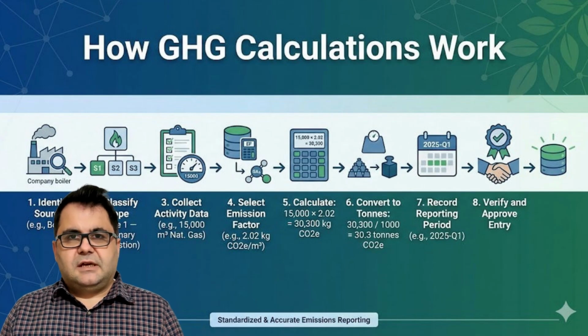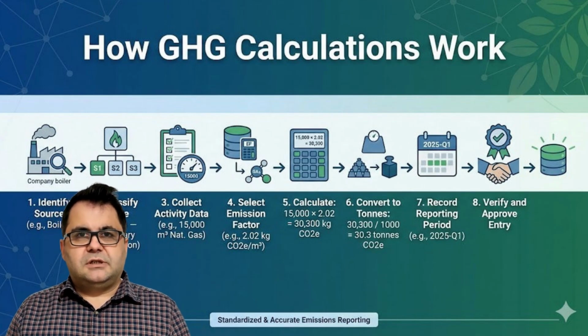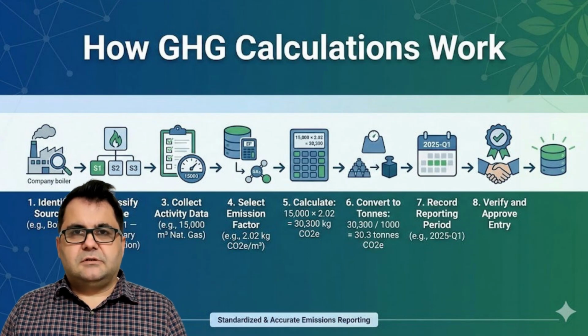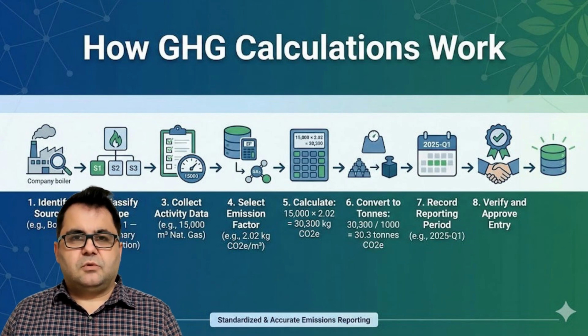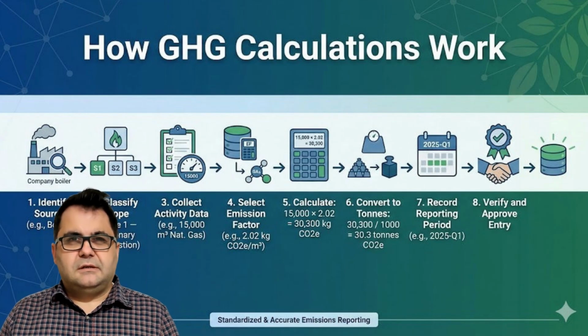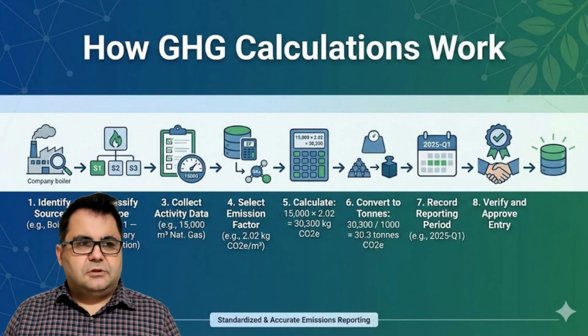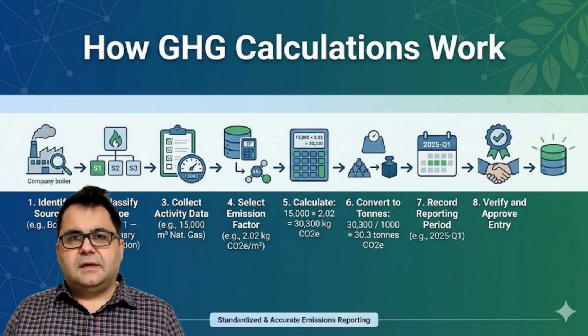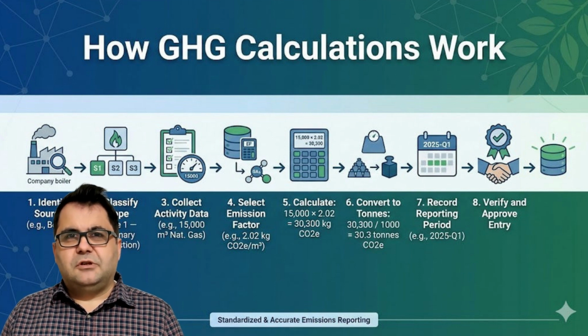Multiply, 30,300 kilograms CO2e. Divide by 1,000 to get tons, 30.3 tons. We record this for the Q1 2025 reporting period. Then a manager verifies the entry. This entire workflow is what our CarbonTrack platform will automate. Every step maps to a feature we'll build.